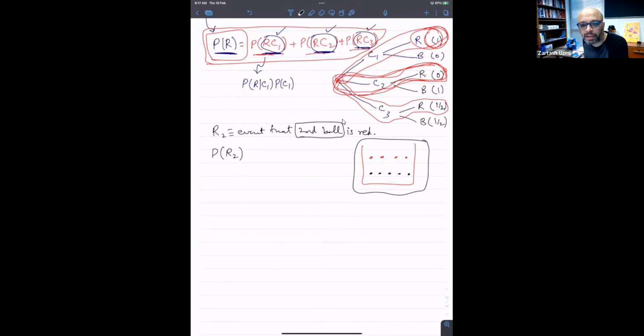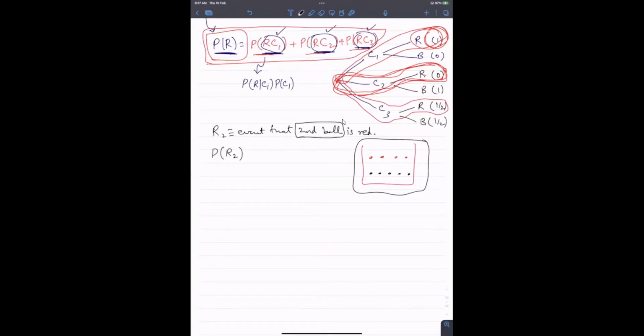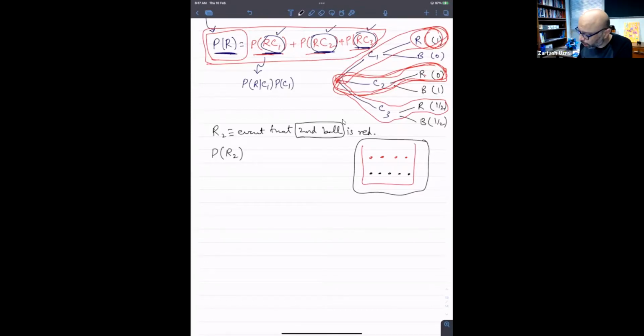What is the probability? कोई आंसर कर सकता है? 4 over 9. So if you pick one ball out of this box, it's going to be 4 over 9. Okay? If you pick another ball from this after replacing the first one, पहली वाली आपने वापस रख दी, तो ये दोबारा इसी शेप में आ गया. So what would be the probability of the second ball to be red if you replace the balls back?